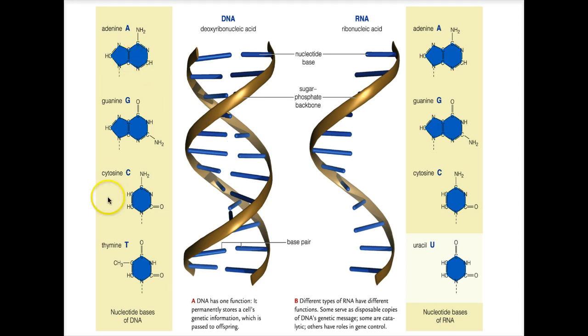So adenine always pairs with thymine, and cytosine always pairs with guanine. Those are called complementary base pairings.